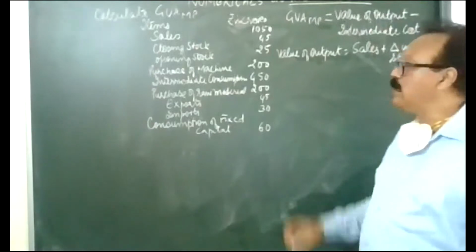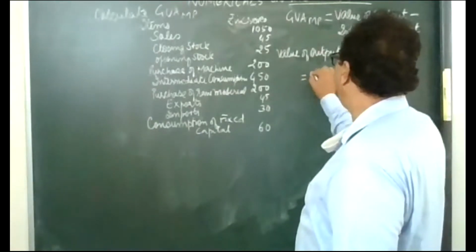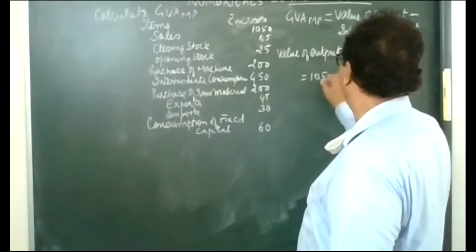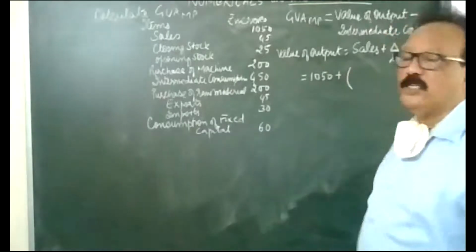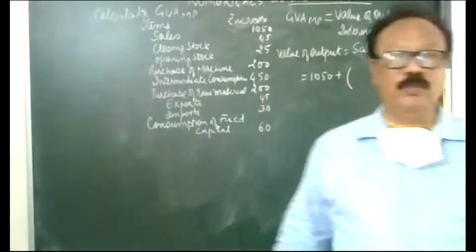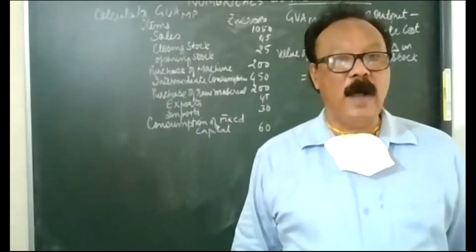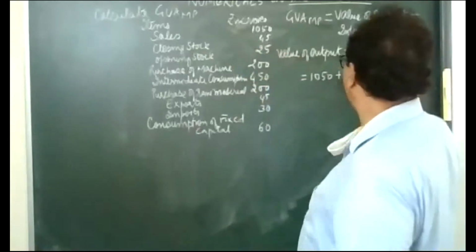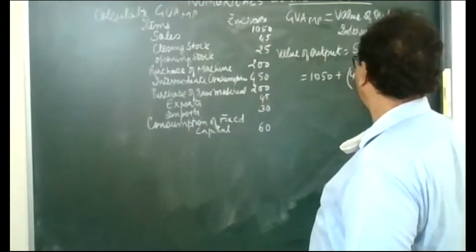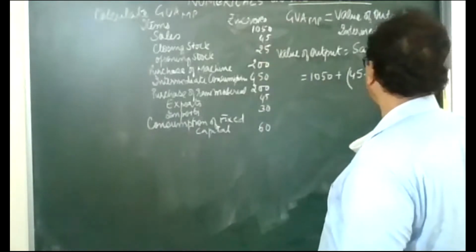What is sales in your question? Sales is given as 1050 plus change in stock. I told you change in stock is calculated as closing stock minus opening stock. So closing stock is 45 minus opening stock 25.